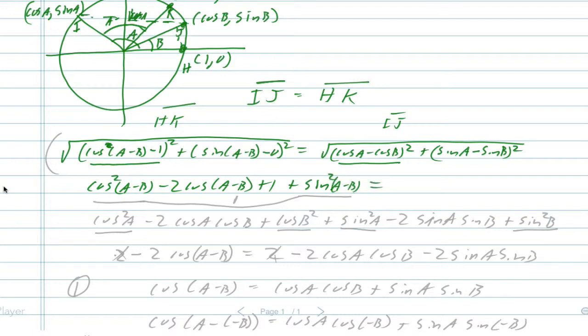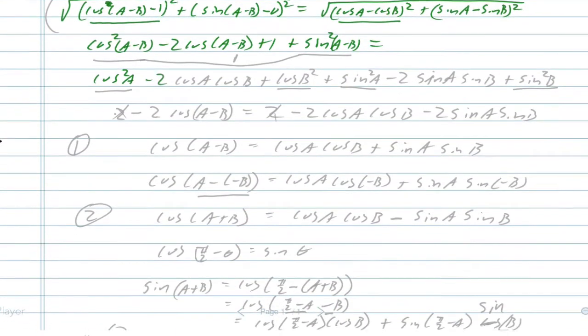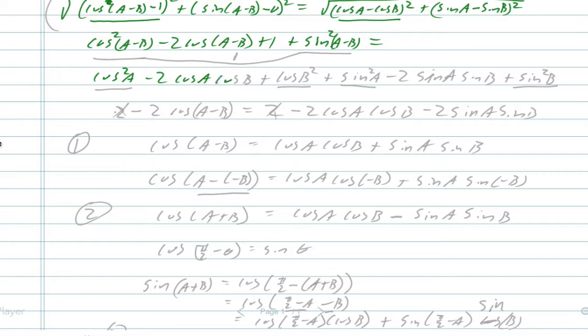Now it's going to equal, and I have to go down to the next line because this is pretty long, cosine squared A minus 2 cosine A cosine B plus cosine squared B. That's the first binomial here, plus sine squared A minus 2 sine A sine B plus sine squared B.